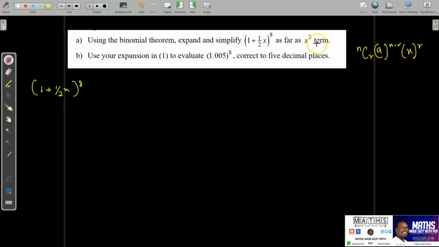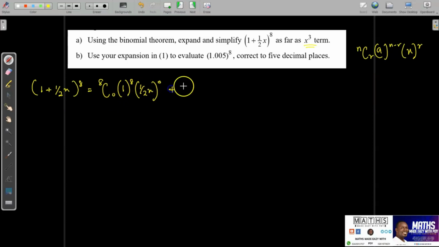X cubed term is the same as what term? Fourth term. Very good. So writing the expansion, since we have n as 8, it is going to be 8 combination 0 multiplying 1, because the a value is 1, raised to the power 8, then multiplying half x raised to the power 0, which is the r value.